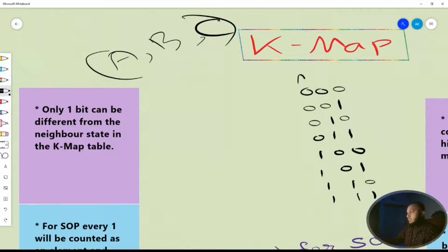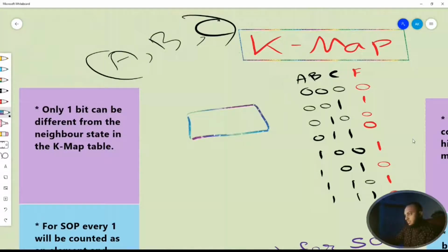These are the inputs, let's say A, B, C, and this is our output F, and the output looks like this. And now let's draw the K-map table. So we will write one input here and two inputs here. We will write the states like this.